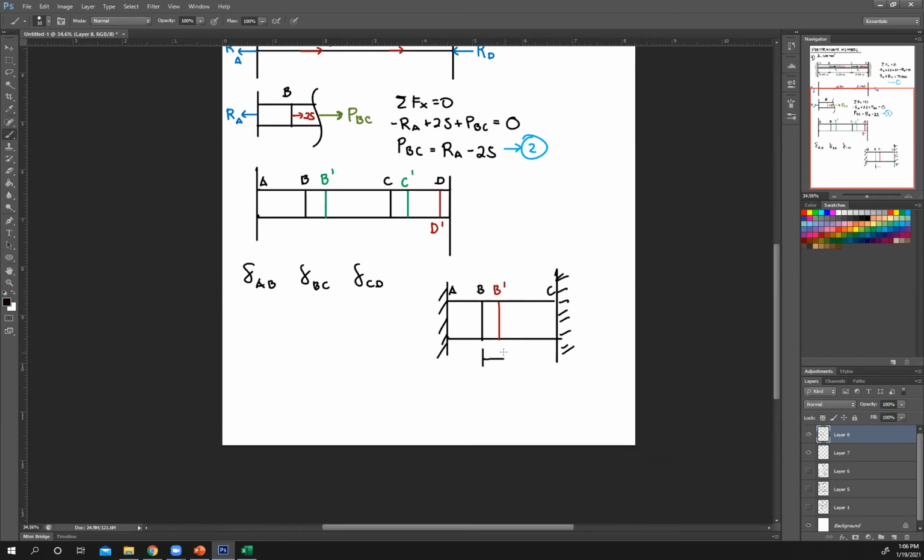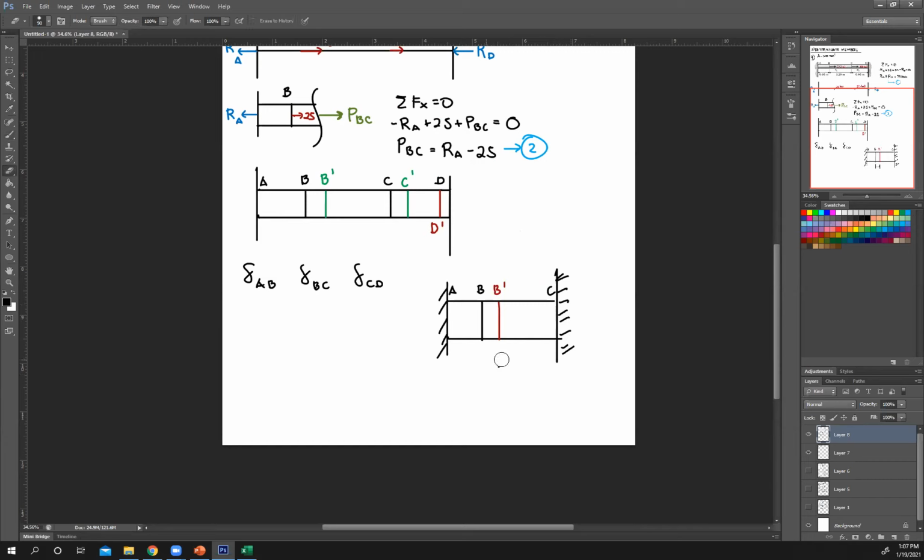Since they're not going to move, since this is elongating section AB, the length of BC will shorten. And since it's restricted, it's going to deform by the same amount.